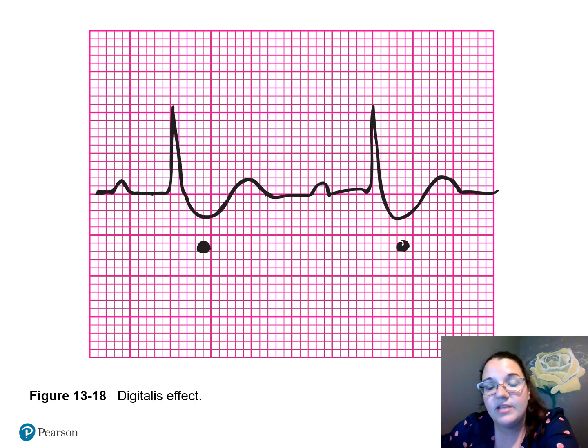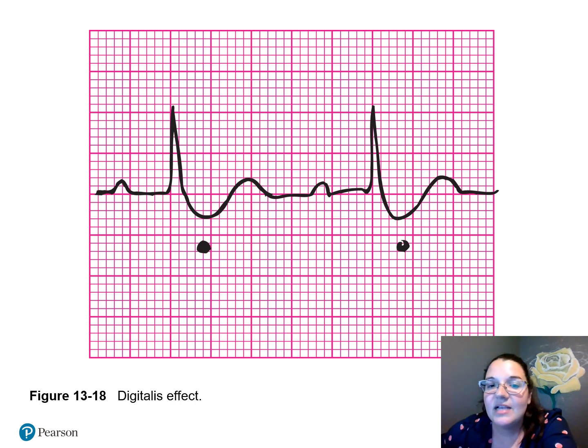And if I'm in between the QRS and the T wave, I'm sorry, y'all, I totally said that wrong. The PR segment is going to be in between your P and your QRS, and the segment in between your QRS and your T wave is your ST segment. Oh my gosh.